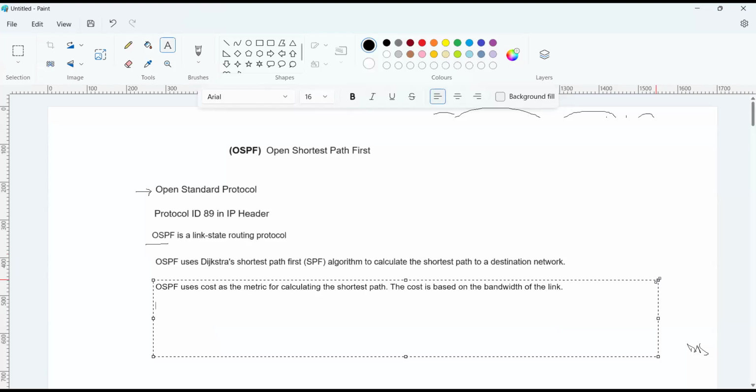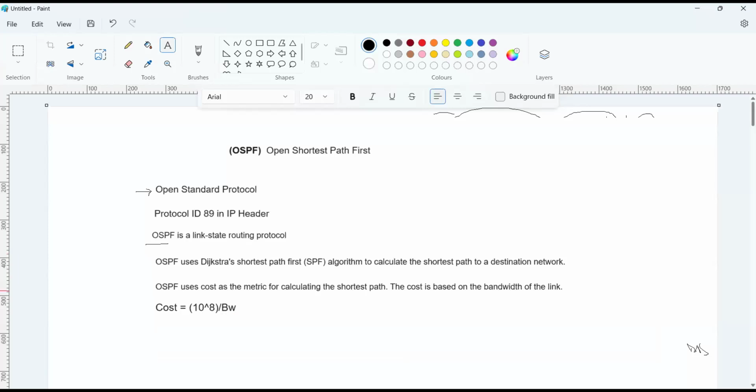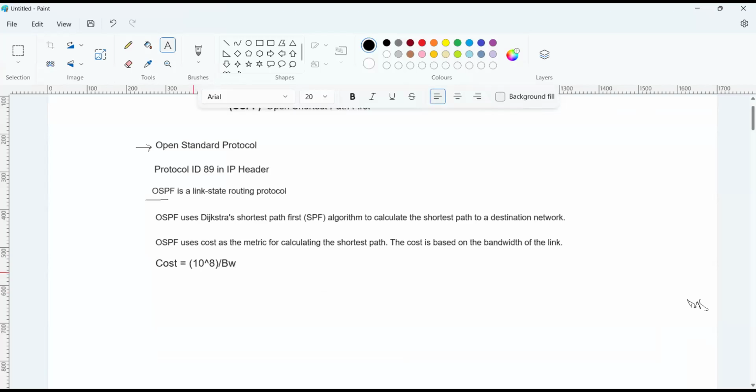The formula is cost equals 10 to the power of 8 divided by the link bandwidth. Otherwise, we calculate it as reference bandwidth of 100 divided by interface bandwidth.